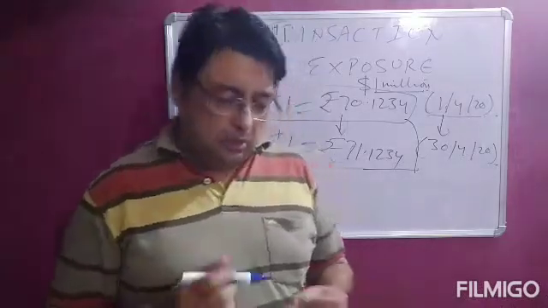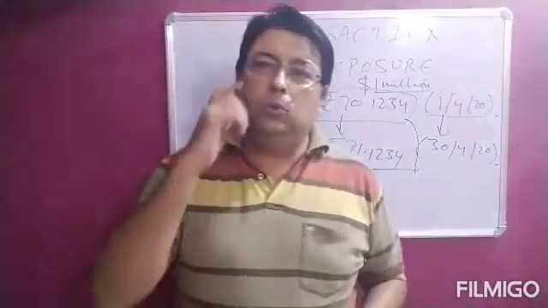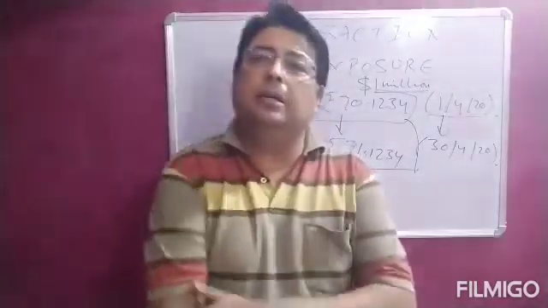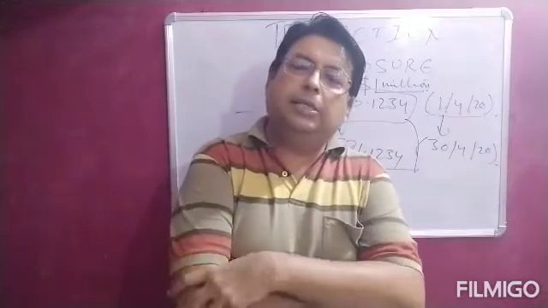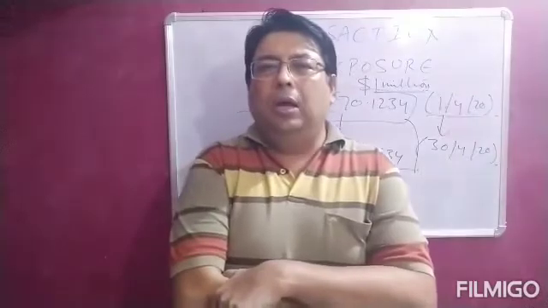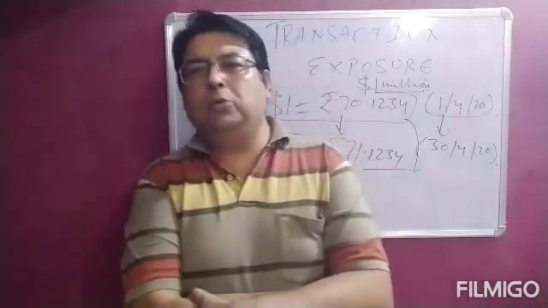So here the exporter may have some gain due to favorable fluctuation of the exchange rate. So this is what we call transaction exposure. We don't know in which direction the spot rate will go, and this may lead to positive cash flows as well as negative cash flows.